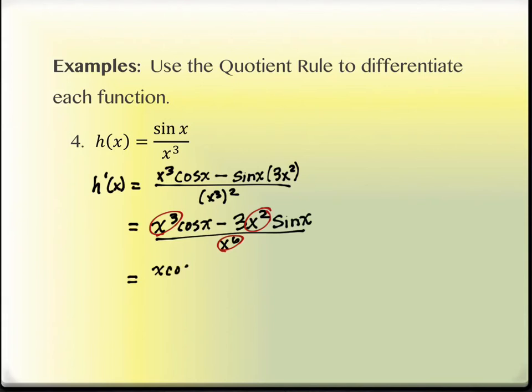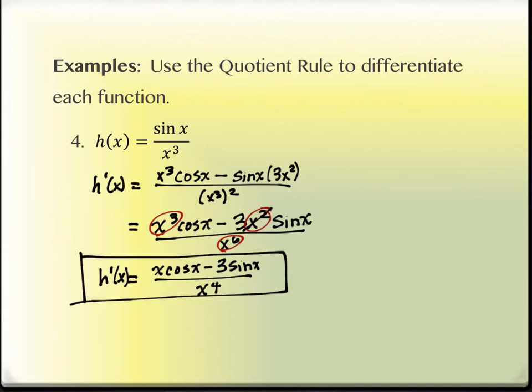I still have my cosine of x. I still have the negative 3 that comes after that. The x squared here itself completely cancels, right? X squared divided by x squared is 1. So I have just the sine x here. And what will the x to the 6th in the denominator become? X to the 4th. So this is what I end up with as the reduced or simplified form of this fraction.